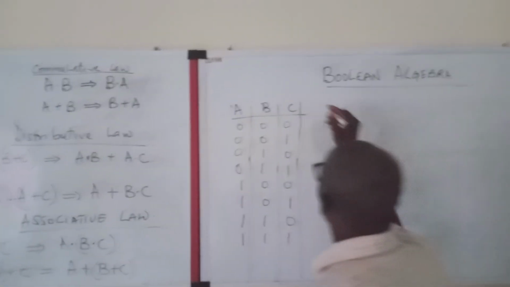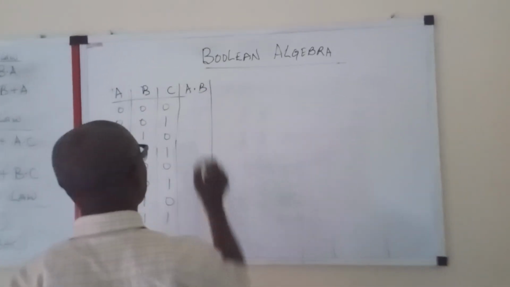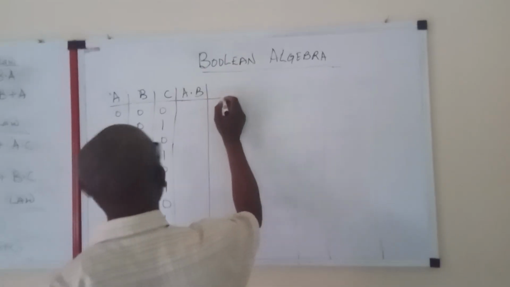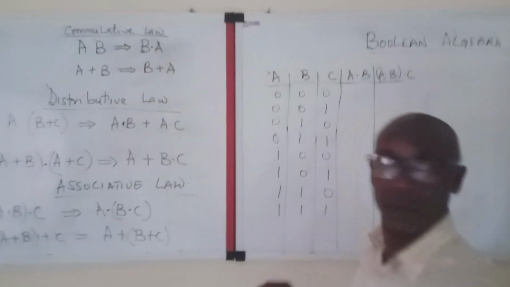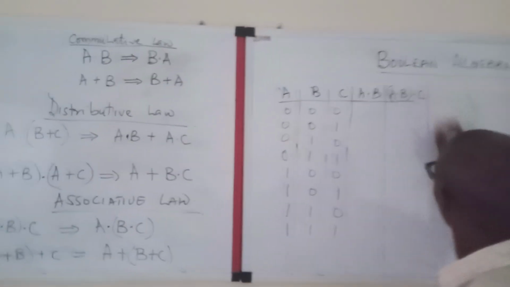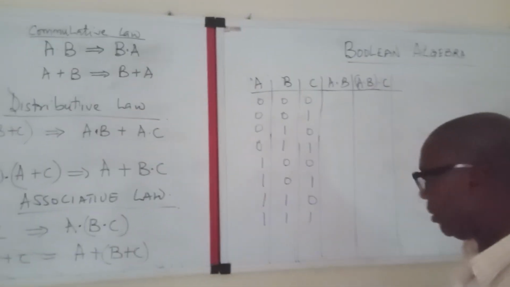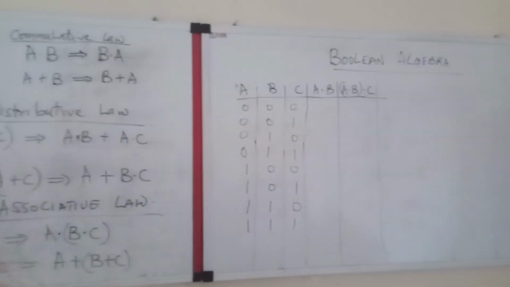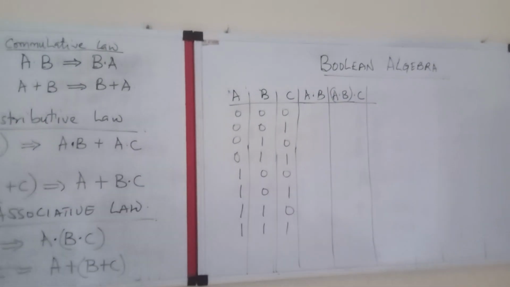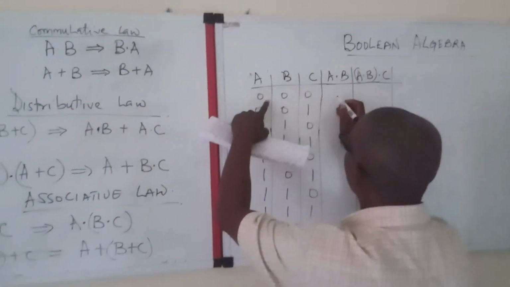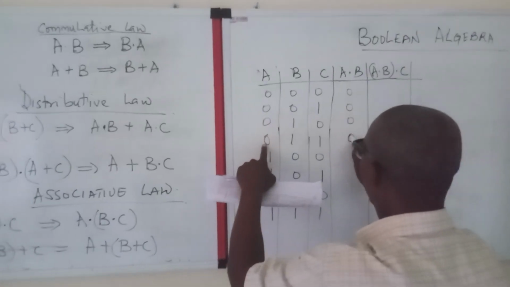So A dot B dot C. Now A and B are going to have 0 there, 0 there, 0 there, 0 there.